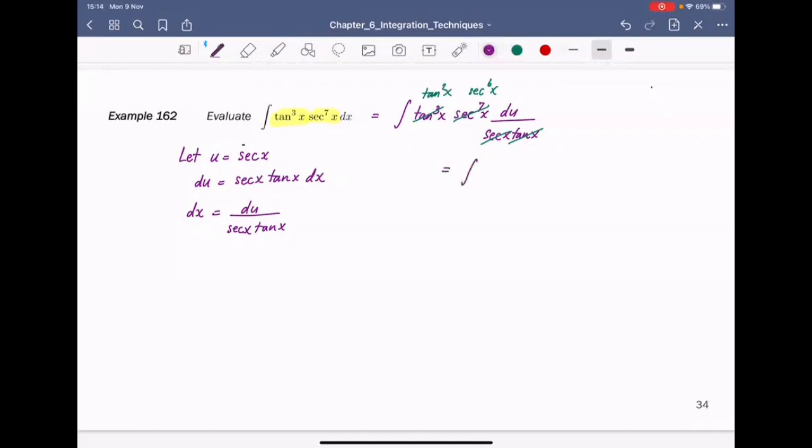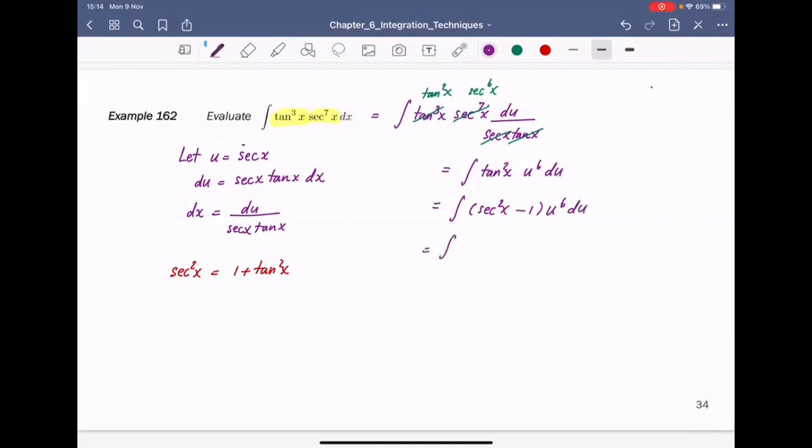So it's going to be integrate tangent squared, and then secant is u. Well, tangent squared is what? If you are like me, it's hard to memorize, but I have secant squared x equal to 1 plus tangent squared x. Which means tangent squared is secant squared x minus 1, times u to the 6 du.